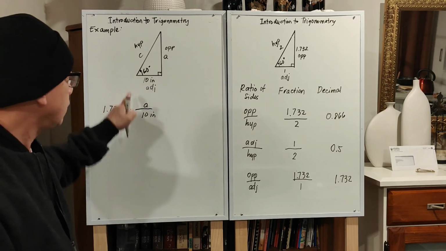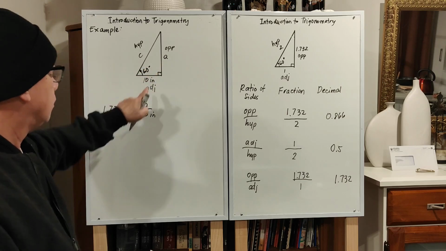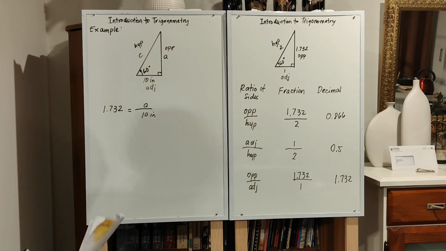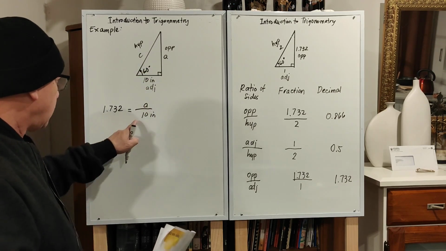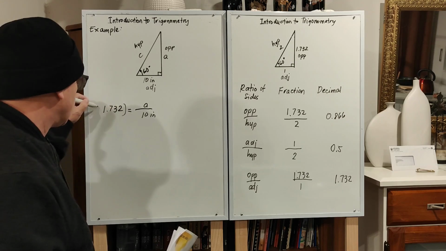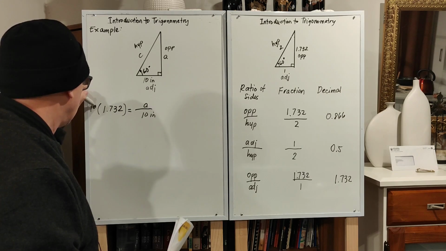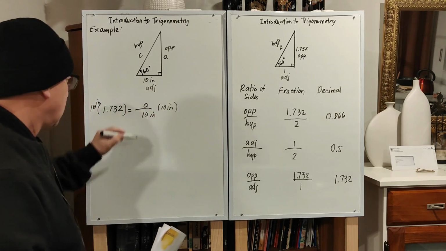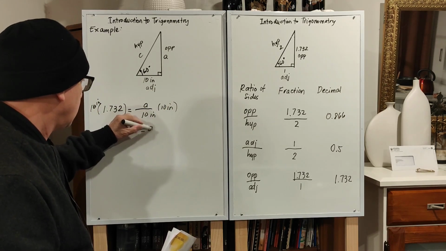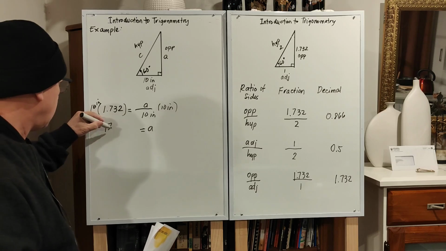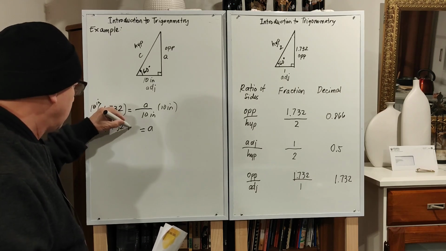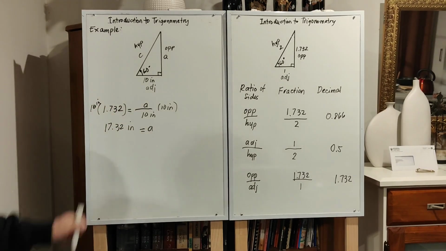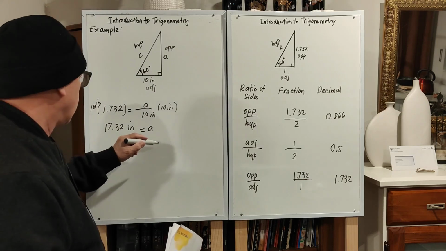So we put the ratio, opposite over adjacent. To get A, we need to multiply both sides by 10 inches. So A is equal to 17.32 inches. So that is A.